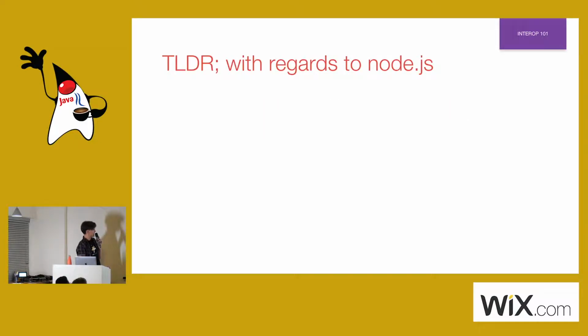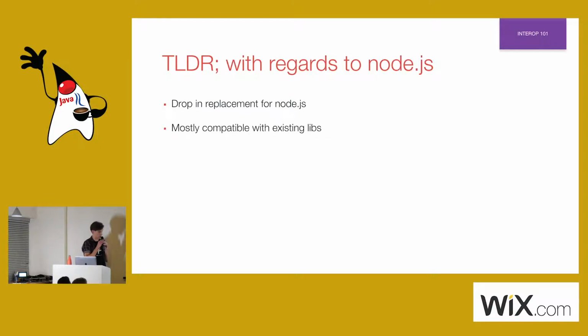So what's the short of it with regards to Node.js? GraalVM ships with a drop-in replacement for Node.js. You get binaries, the npm binary and the node binary. You just put them on your path, and you're off to the races. It's mostly compatible with existing libs.